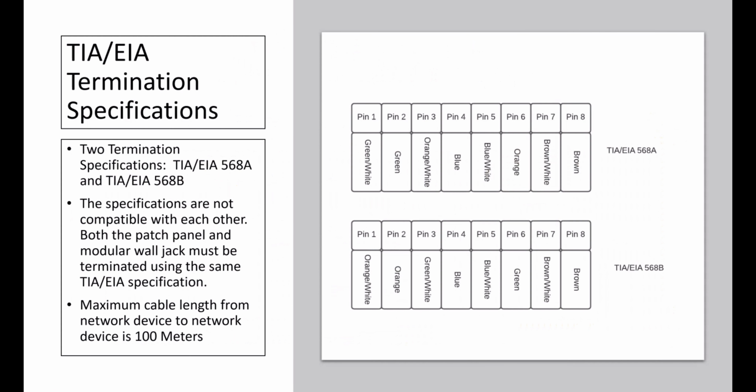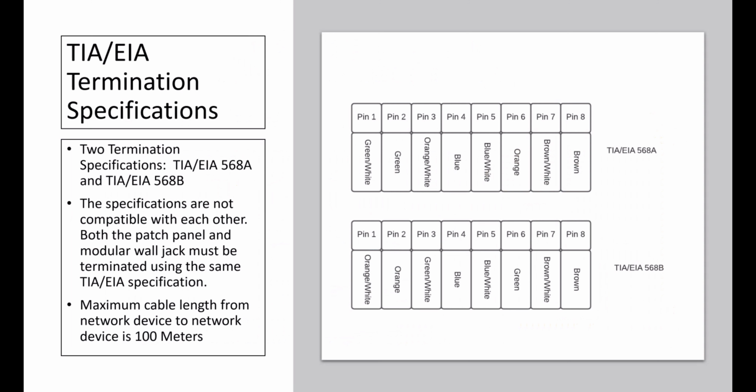Two different specifications, the 568A or the 568B. These are not compatible with each other, so you have to pick one or the other in your network. This means if you go with the 568A network, you want your wall jacks to be 568A and your patch panels to be 568A.